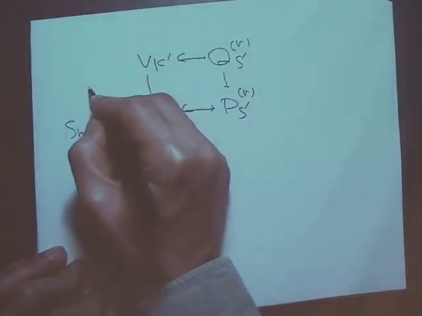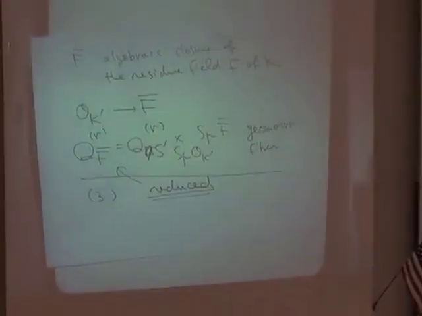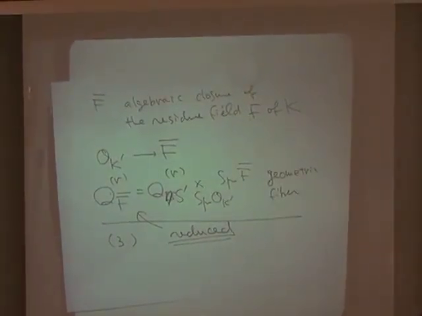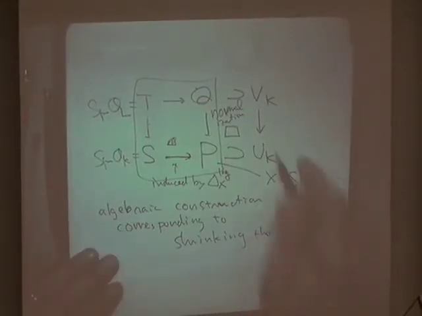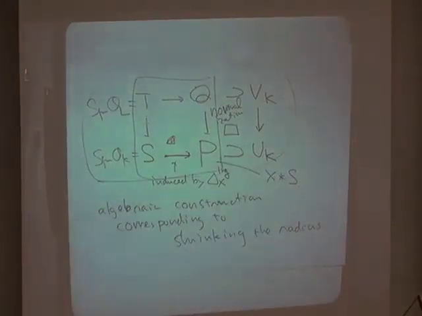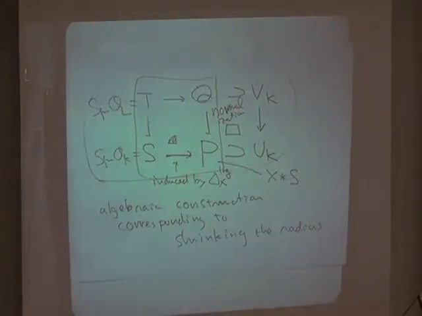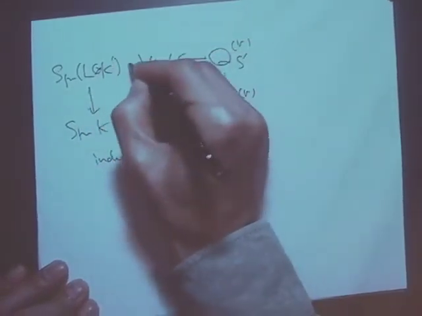And we started with this diagram. So on the generic fiber, we have the base change of this. The base change of this is spec L tensor K prime.